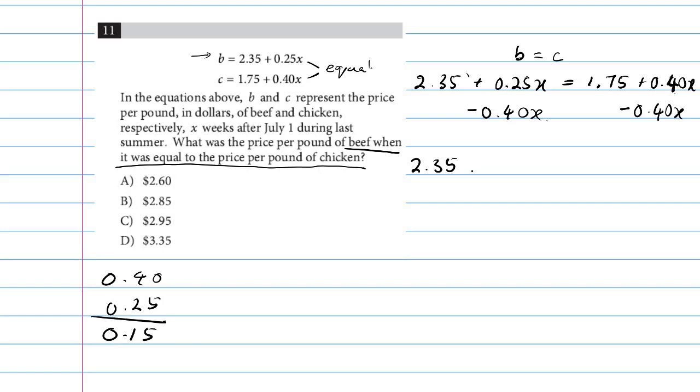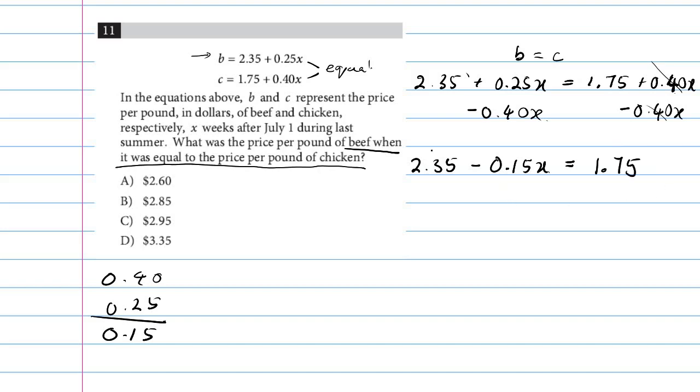But the larger value is negative, so you end up having negative 0.15x. The 0.40x cancels out on the right side. That's the whole purpose of subtracting this value, and we have 1.75.